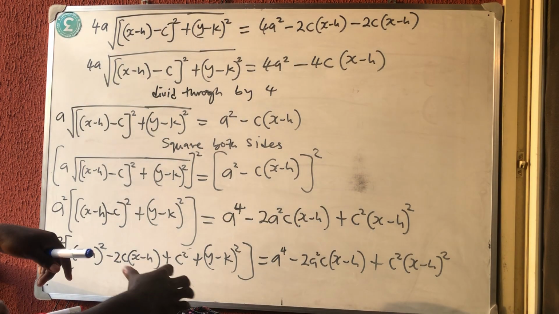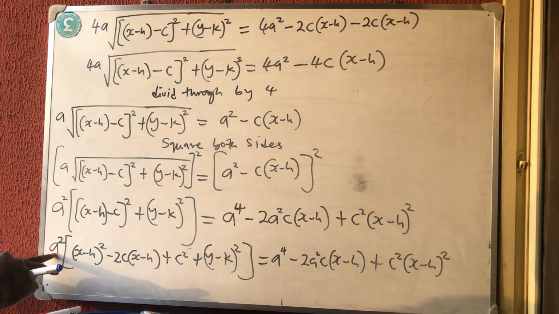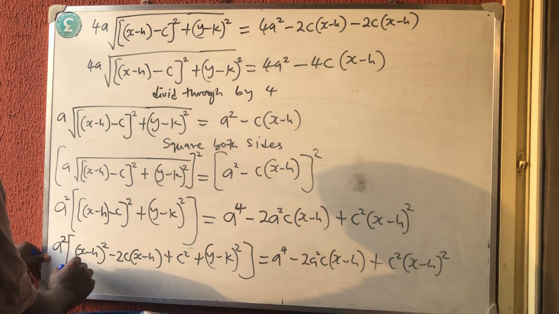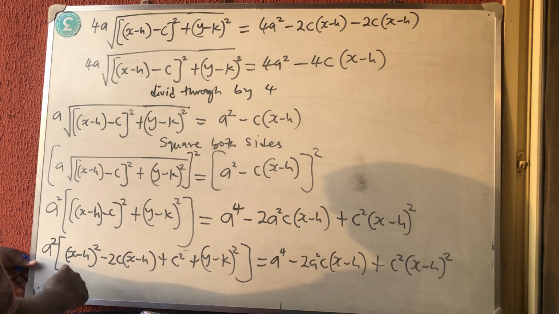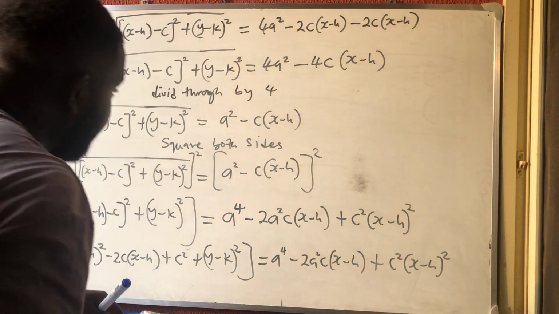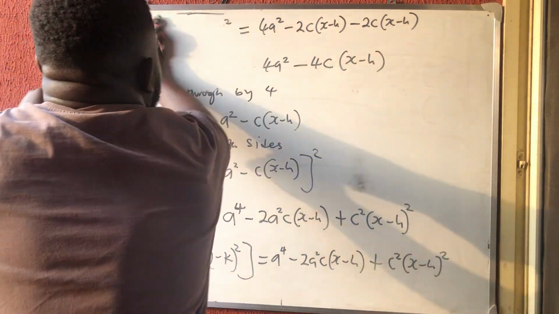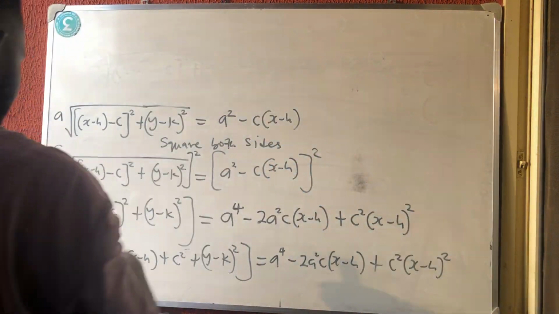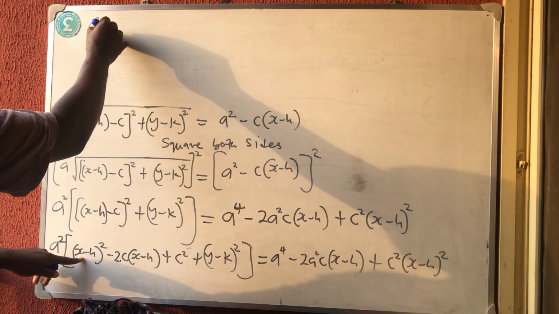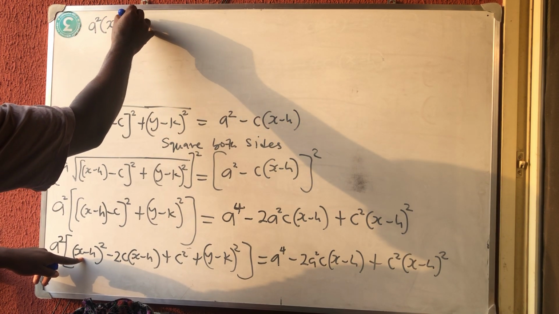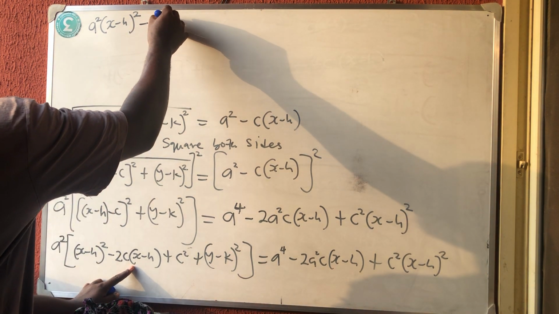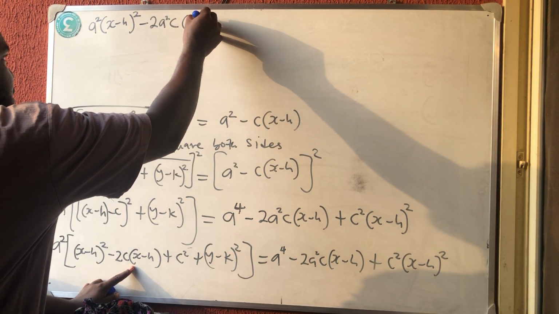Now since everybody is open, let me open everybody with this a squared. If I open everybody, a squared times the first person, I'm having a squared bracket (x minus h) all squared. A squared as the next person, I'm having minus 2a squared c bracket (x minus h).